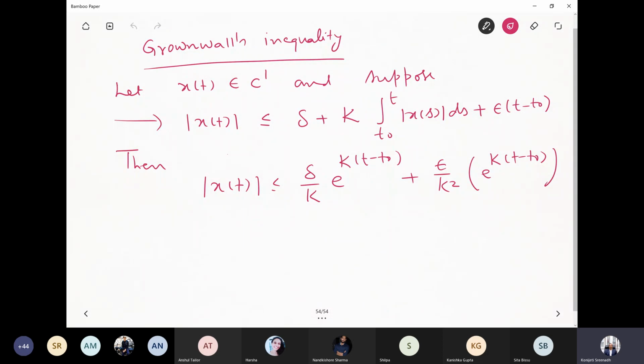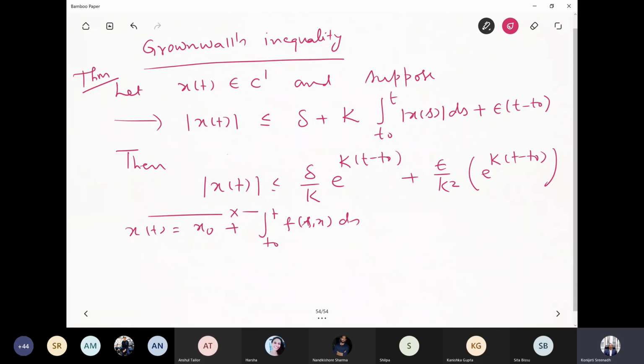I will come back to this. This is the theorem. So now use this. Go back to our problem. You have x(t), which equals x naught plus the integral from t naught to t of f(s, x(s)) ds.